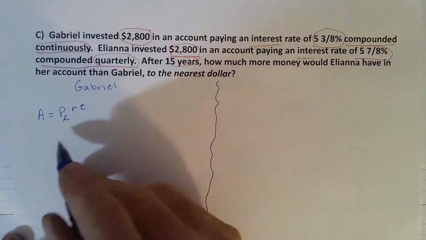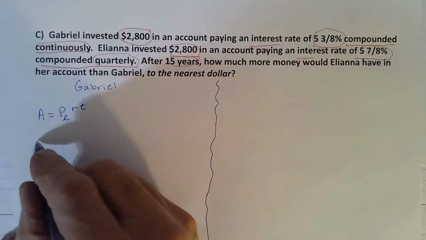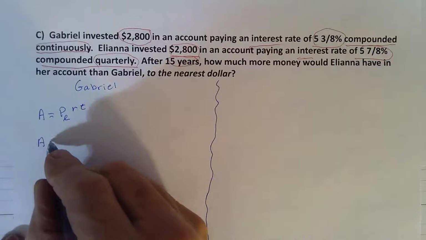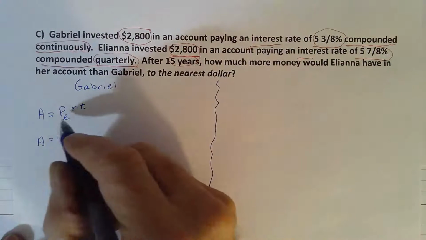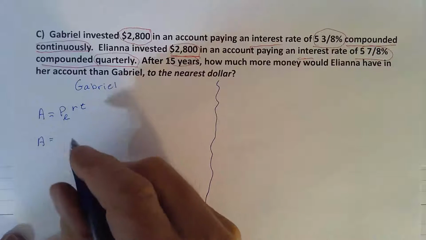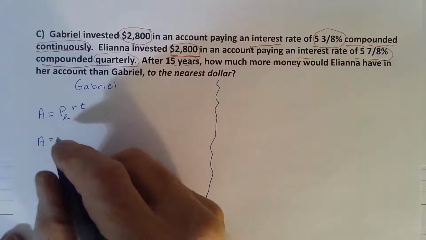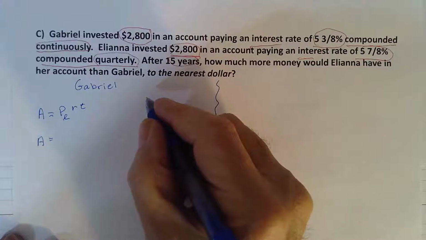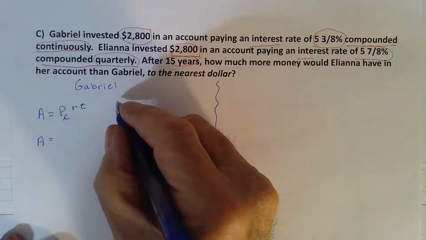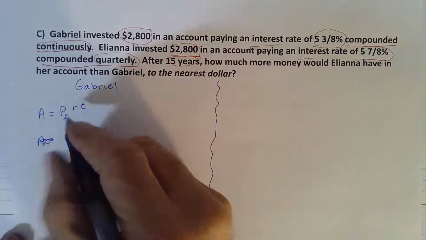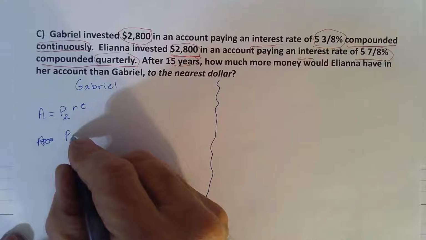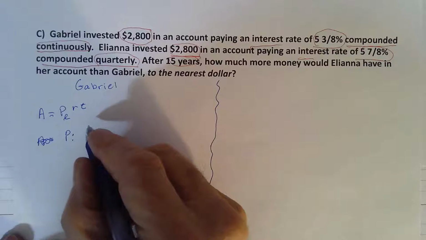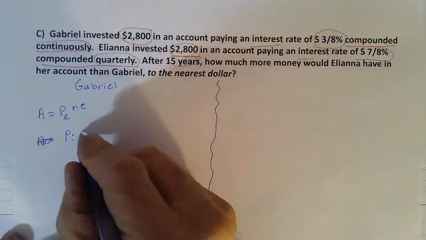All right, so we know what A is. The principal amount is going to be $2,800, so we're going to write that out. This is the equation. Our principal amount is going to be $2,800.